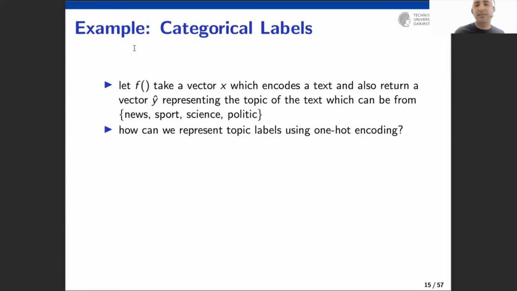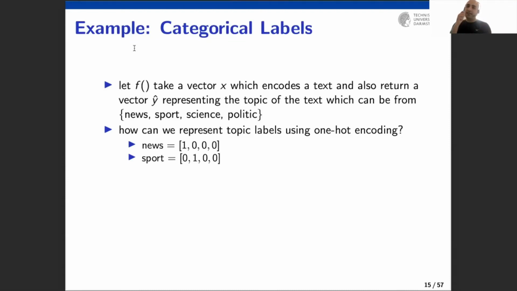There are 2 ways: one-hot encodings and dense embeddings. Now we talk about one-hot encoding. We map news to a one-hot vector where the first element is 1 and the other items are 0. And then for sports, we reserve the first element for news, right?